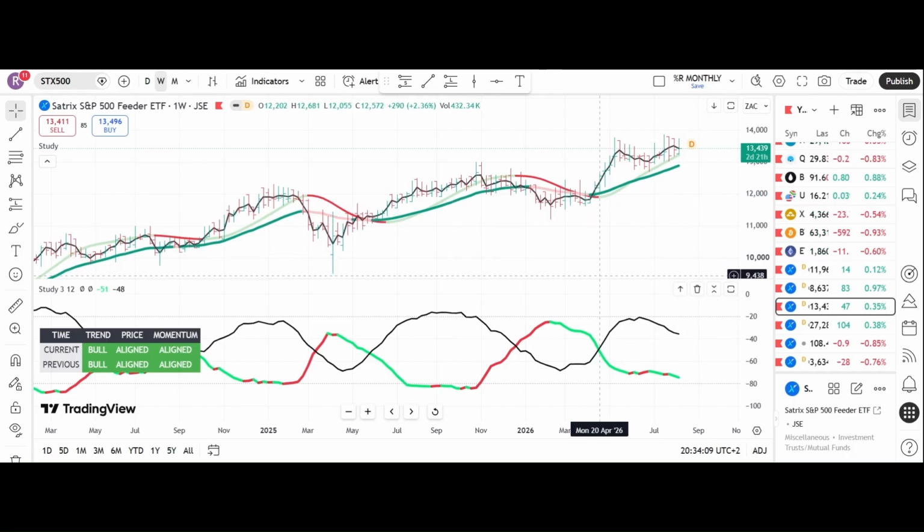We can see that with this cross, we saw quite a strong upward move, but that upward move is losing momentum as we see this black line curving downwards.